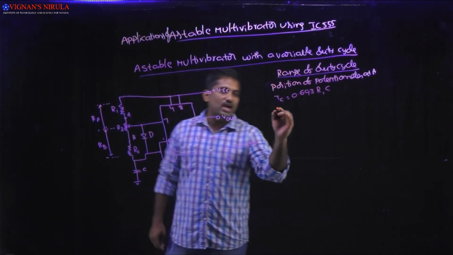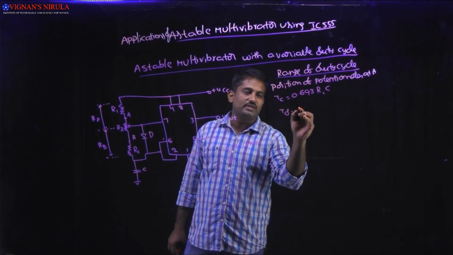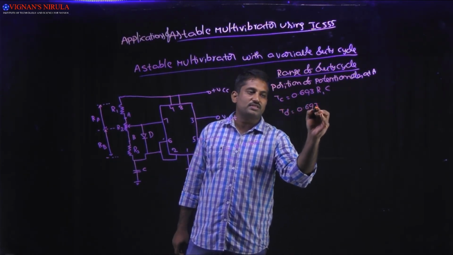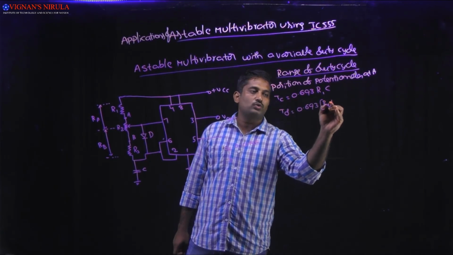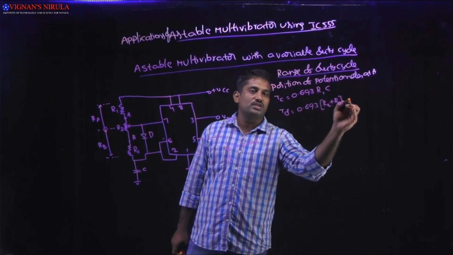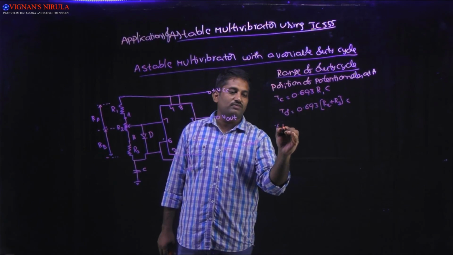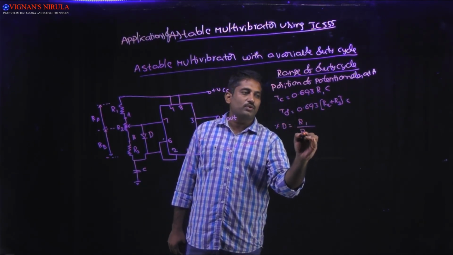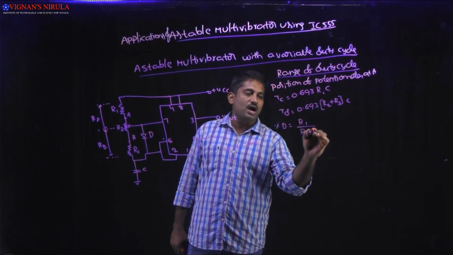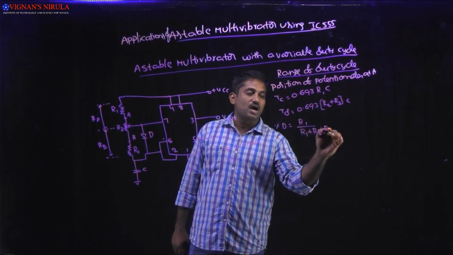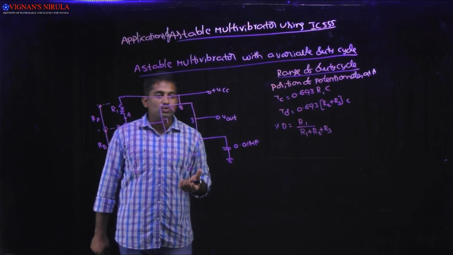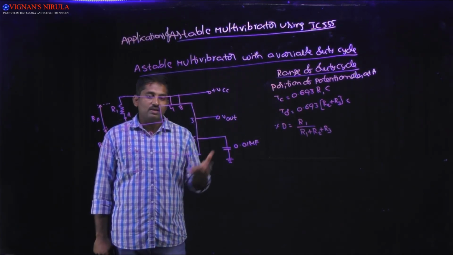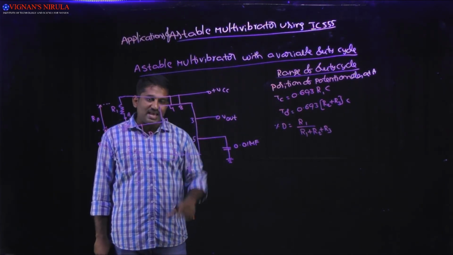So the discharging time period TD will be taken as 0.693 into R2 plus R3, into C. So the percentage of duty cycle is equal to R1 divided by the total time period, R1 plus R2 plus R3, which is used for generating a duty cycle less than 50%.